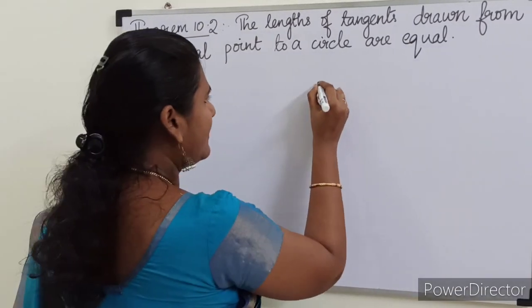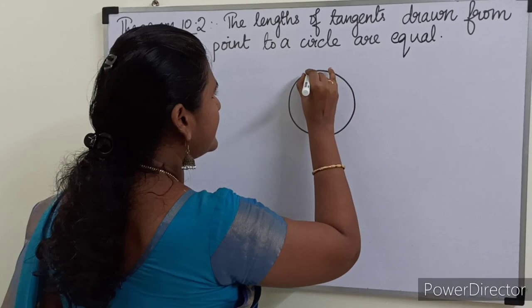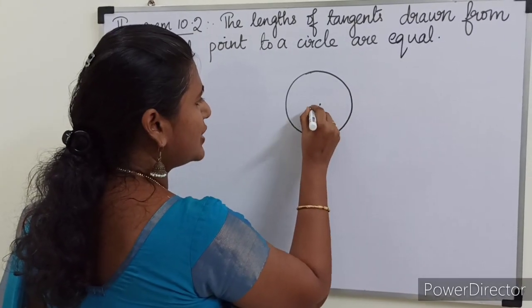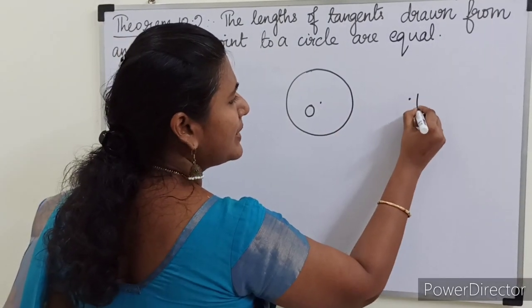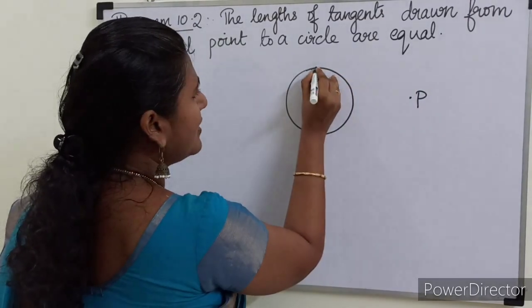For that we have a circle. Consider a circle with the center O, and we take P as an external point.